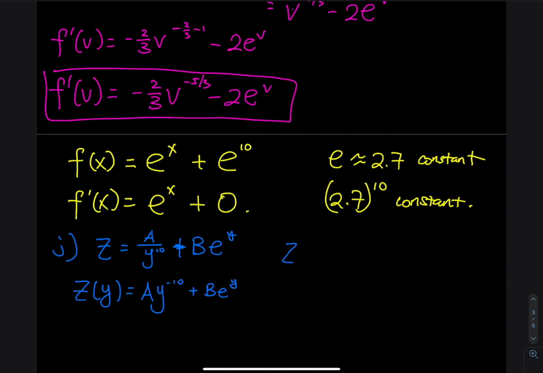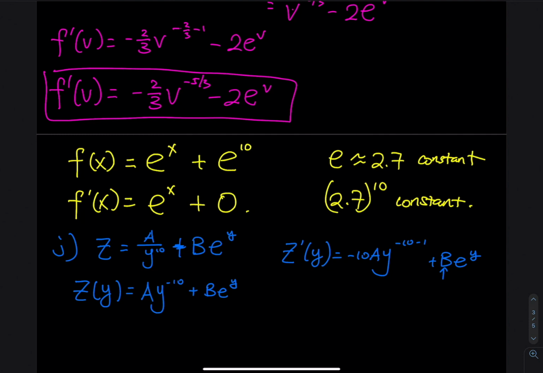So your z prime of y, you bring the negative 10 down, and then negative 10 minus 1, and then b e to the y is still b times e to the y, right? Constant rule. b is a constant, so when you take the derivative, you can ignore it for now. You can just take the derivative of e to the y, which is still e to the y.